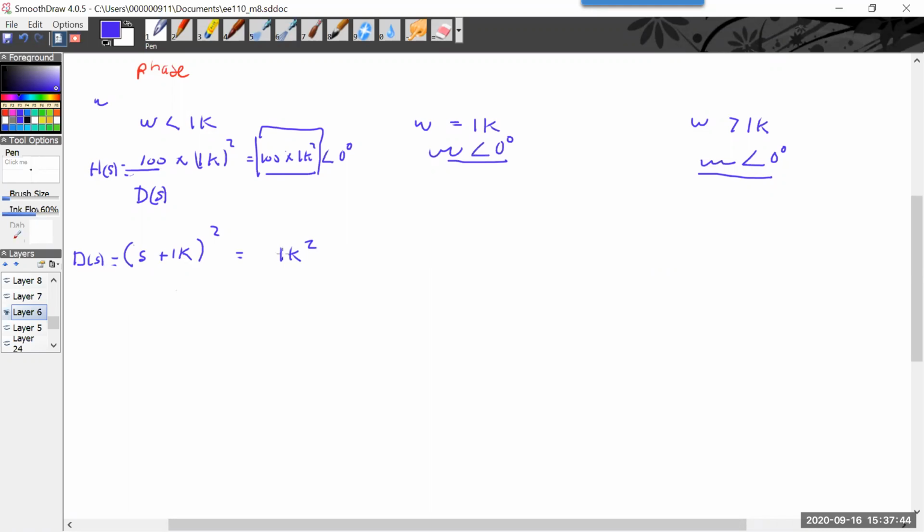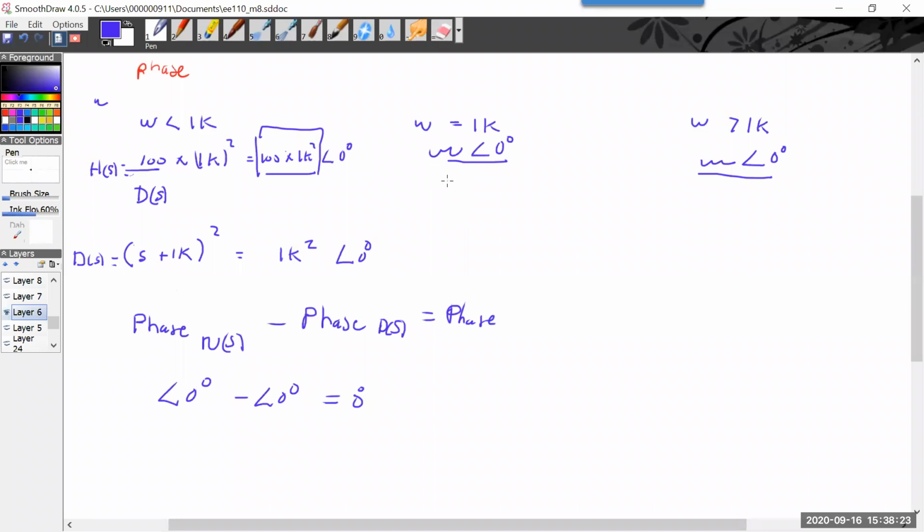This is all real. There's no imaginary, so the phase is 0. The phase of the numerator minus the phase of the denominator equals the total phase. So we have 0 minus 0, so we have 0 degrees phase.